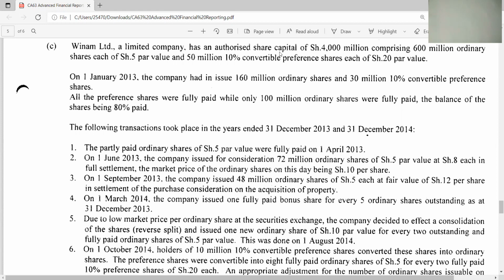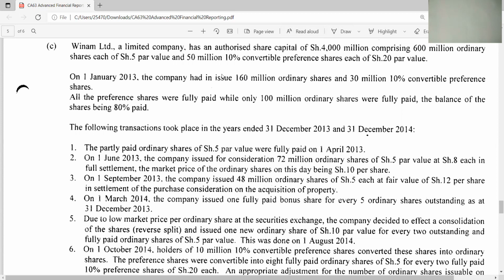So the 3,000 plus the 1,000, I'm getting the 4,000. So that is what was constituted in the 4,000: 600 million ordinary shares of 5 par value and 50 million 10% convertible preference shares of shillings 20 par value.